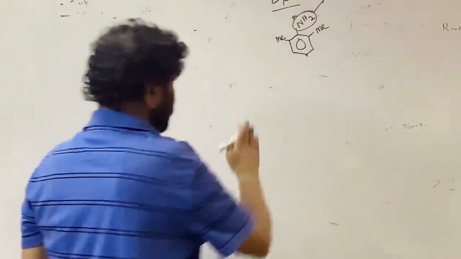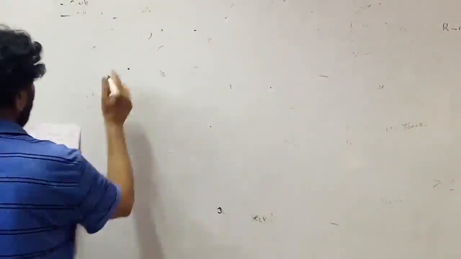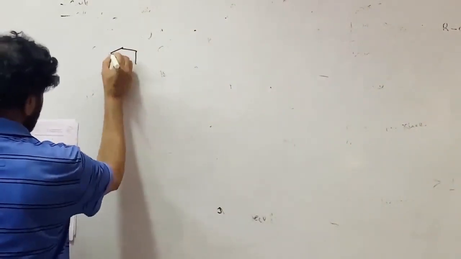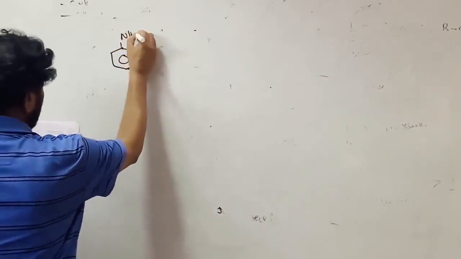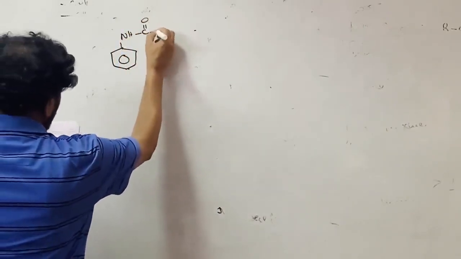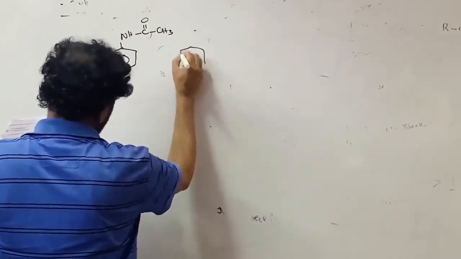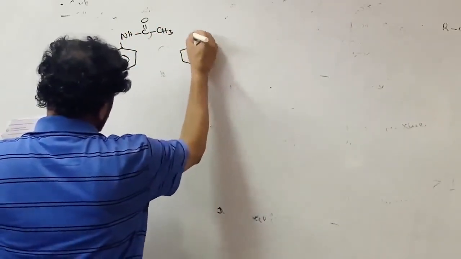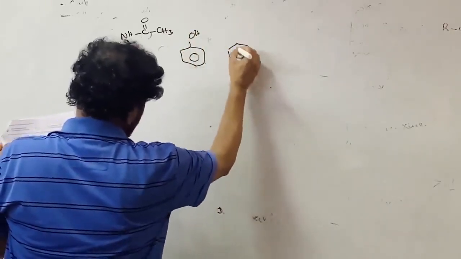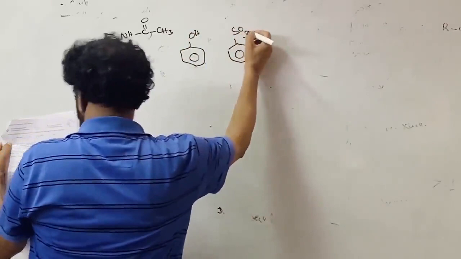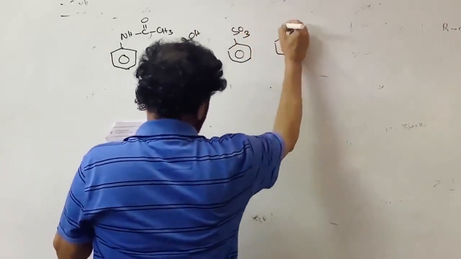And now the next question, 4 compounds are given. Let us carefully work out this. This is phenol, this is sulfonic acid. 2 and 3 are the acids, and this is the aniline base.